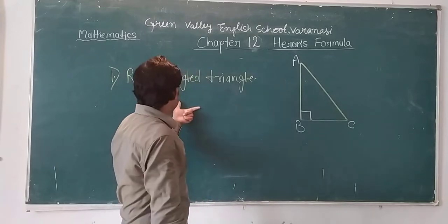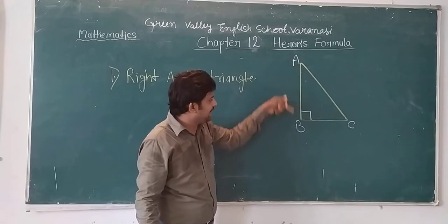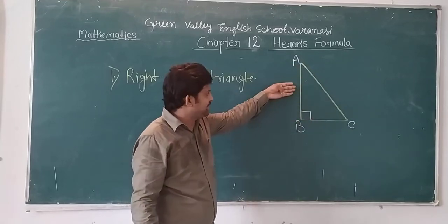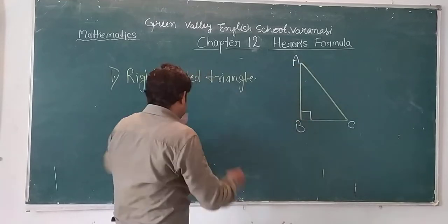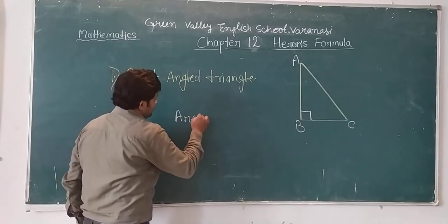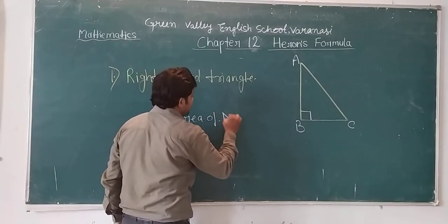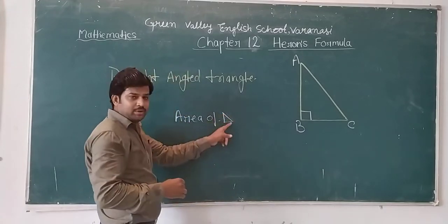When we are going to find the area of triangle ABC and this triangle is right angled, this is the symbol of right angle.